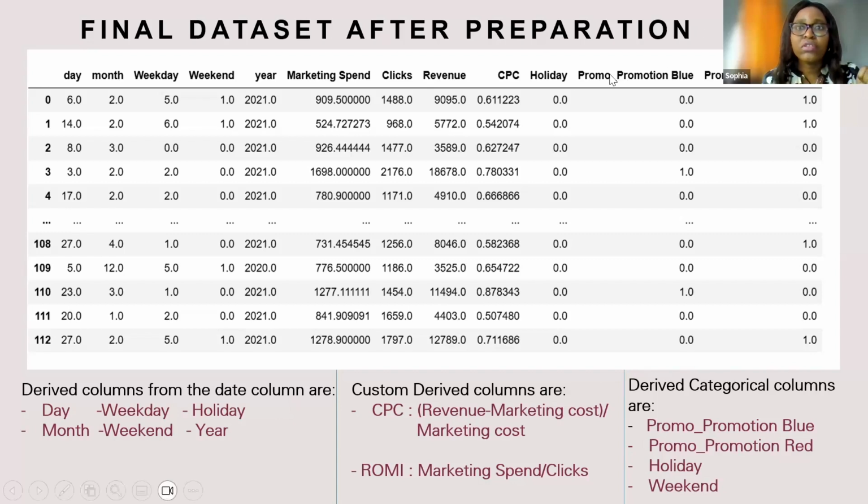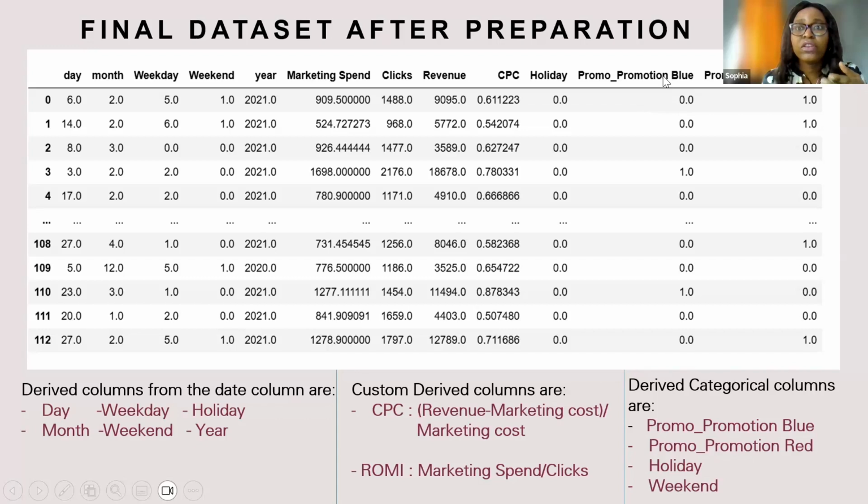Yeah, so I was also able to derive a promotion blue column and a promotion red column. These separate columns were necessary because I would need them for solving the business questions in the coming questions, so I needed to design some columns for it.